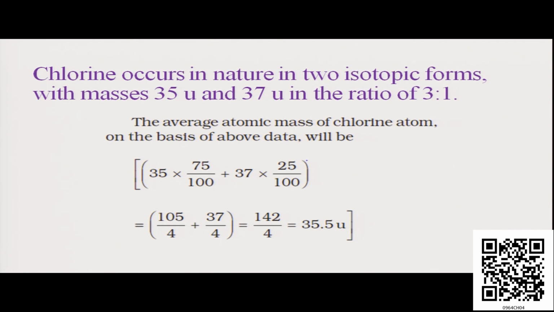You need to multiply the mass number with the respective percentage of abundance and sum it up with the other mass number multiplied by its percentage.